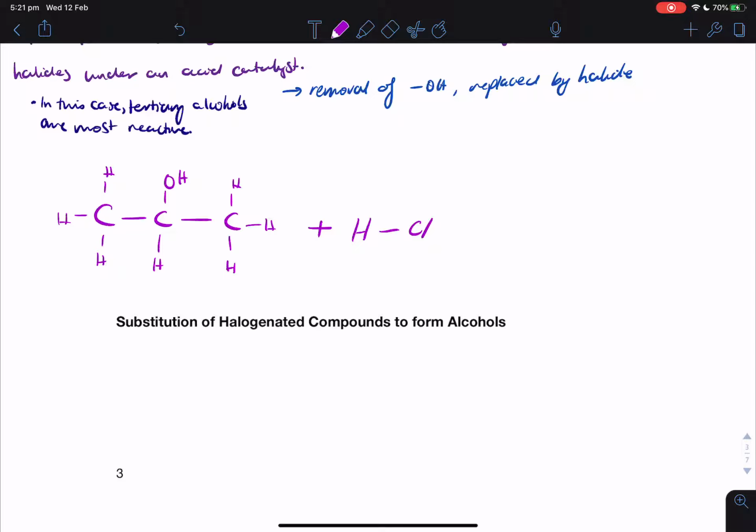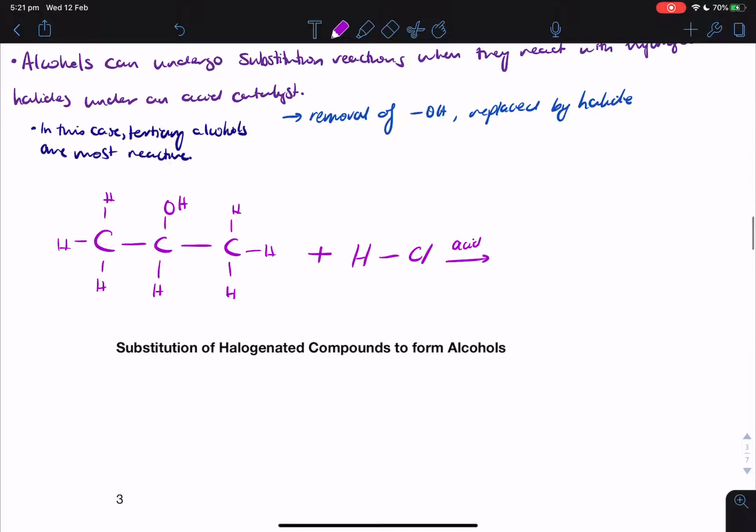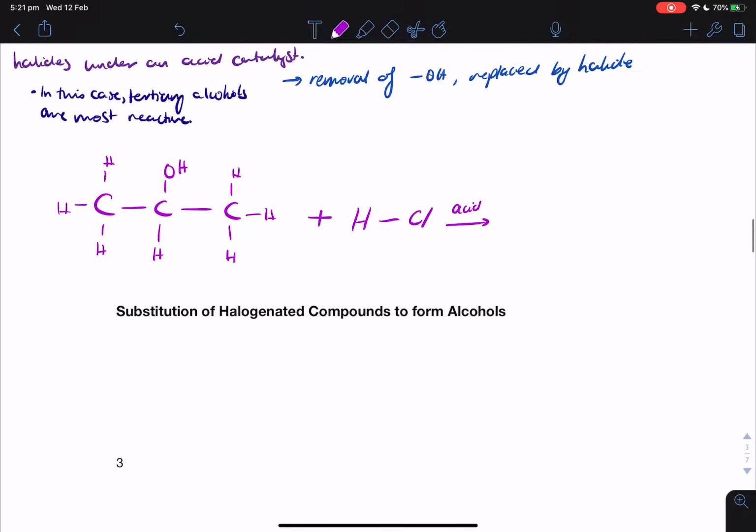So if we have propan-2-ol plus hydrochloric acid, what's going to happen? We actually need an acid catalyst, usually H2SO4, but I'm just going to write acid to keep it general for you guys. Acid catalyst.